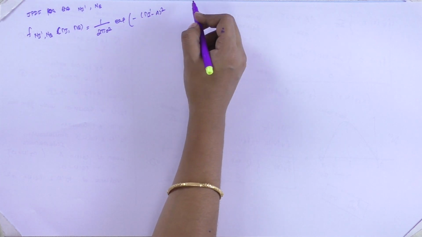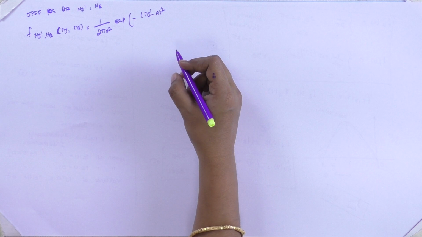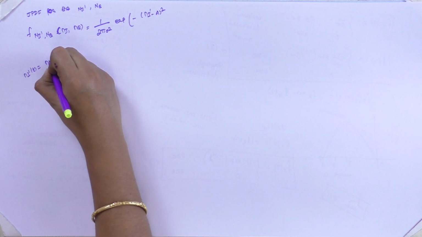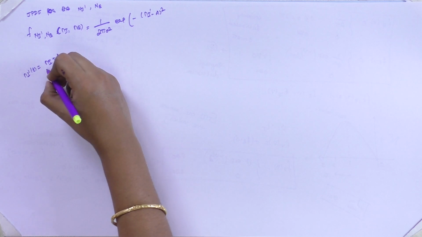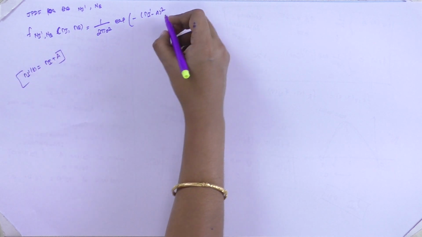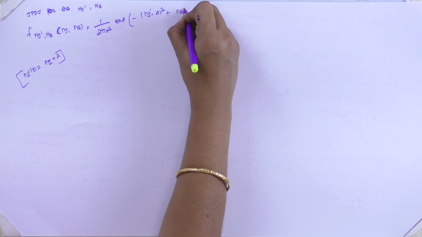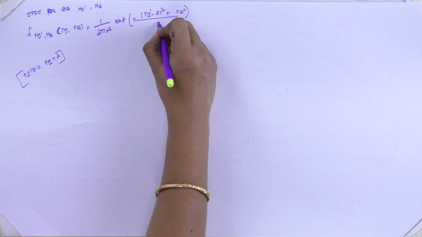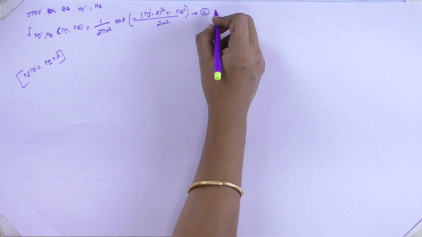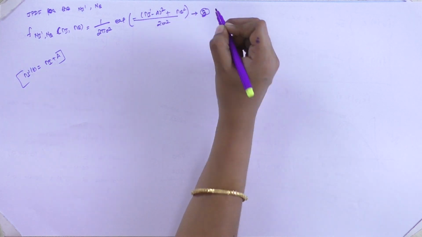Since we already know that ni dash is equal to ni plus a, therefore ni is equal to ni dash minus a. Therefore, plus nq square whole divided by 2 sigma square. We are going to keep this as equation number 3.